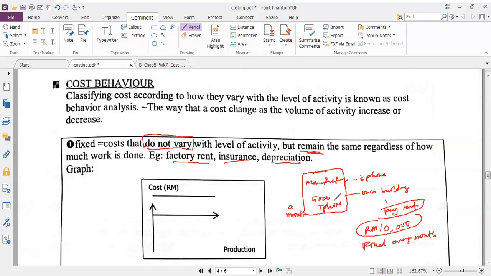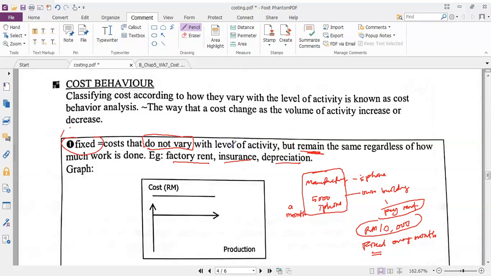Regardless how many products that your manufacturing company produce, the factory rental every month will be fixed. So that is meant by fixed cost.